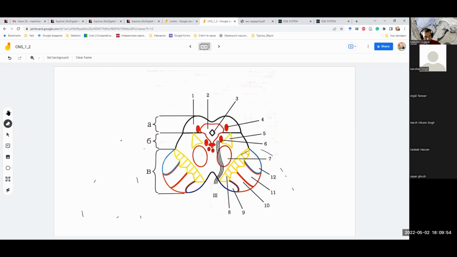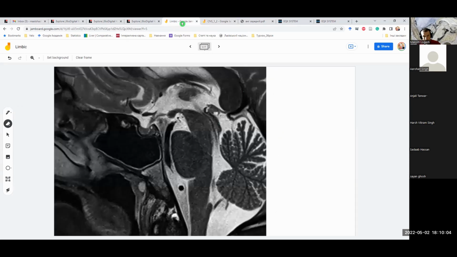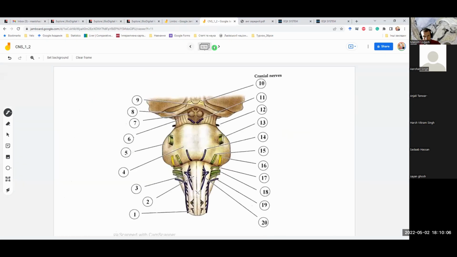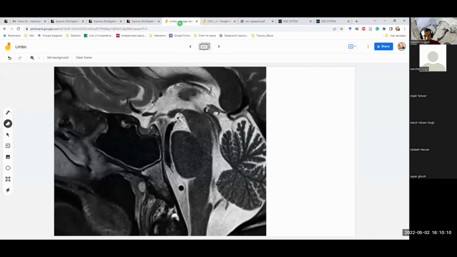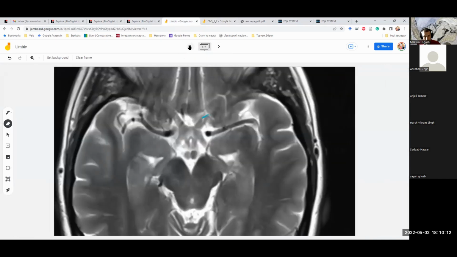It's quite well recognizable even on MRI. Here you can see the darker shadow area of the substantia nigra, here and there.